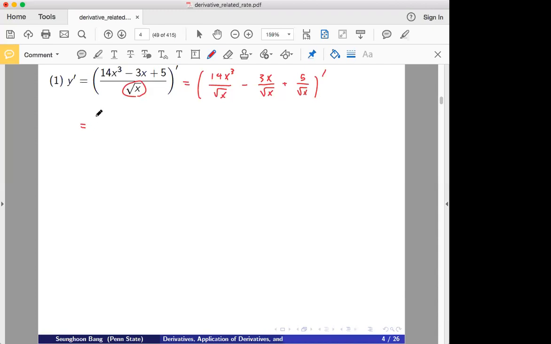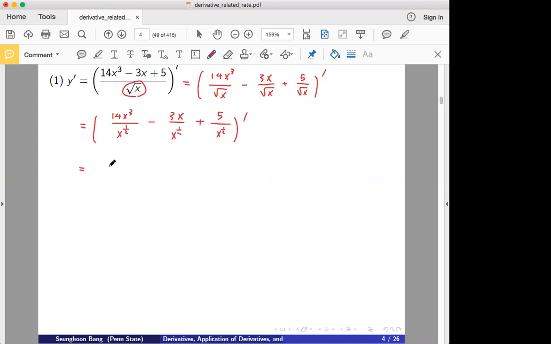Next, simplify more. The 14x cubed over the square root of x is 14 x cubed over x to the 1/2, minus 3x over x to the 1/2, plus 5 over x to the 1/2, prime.